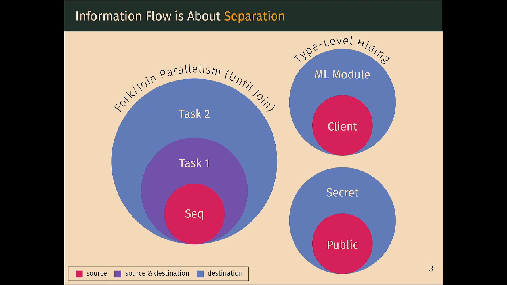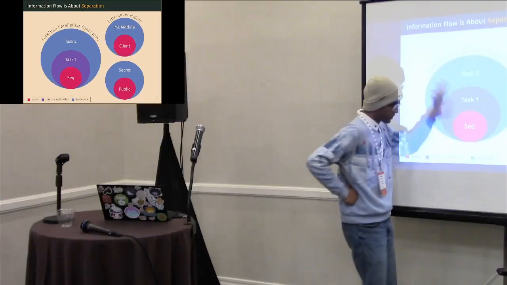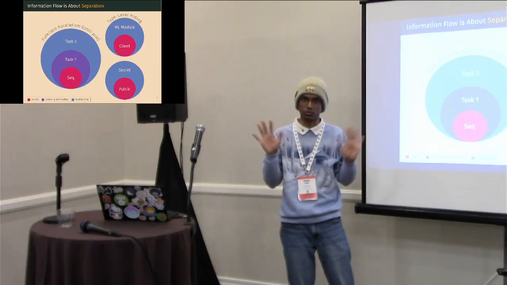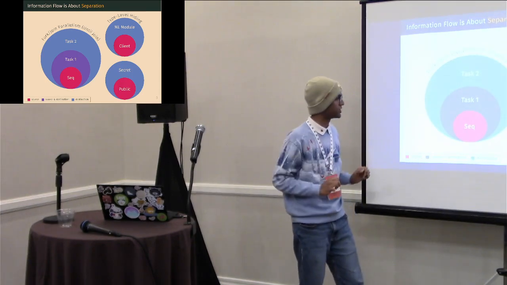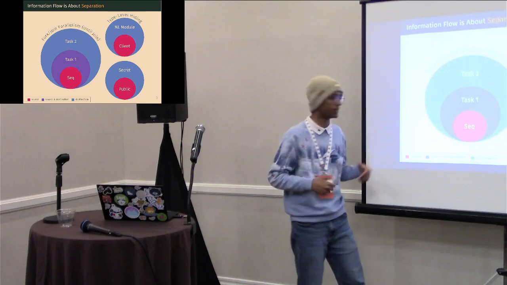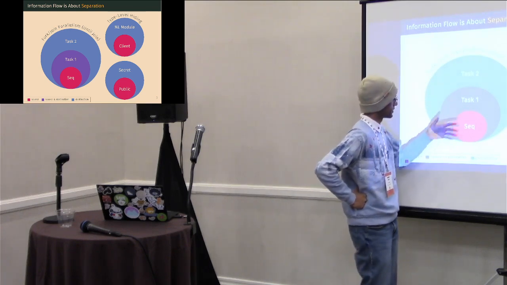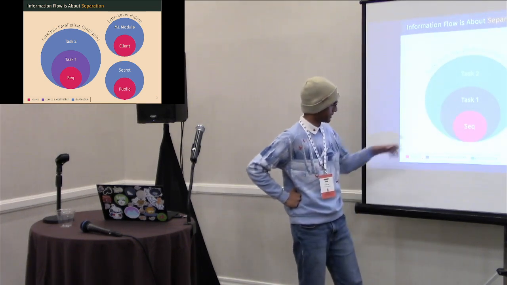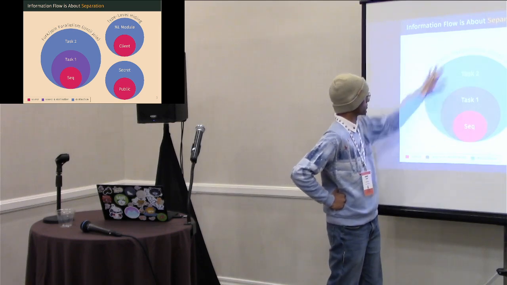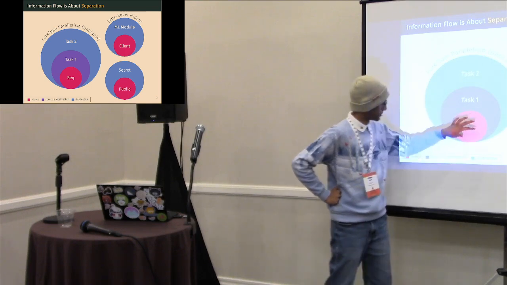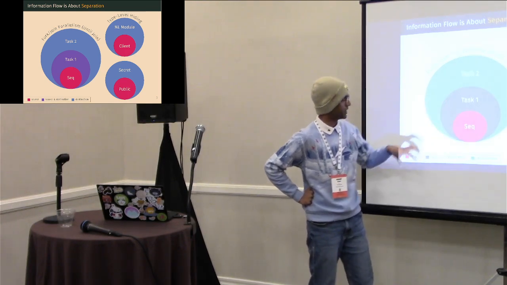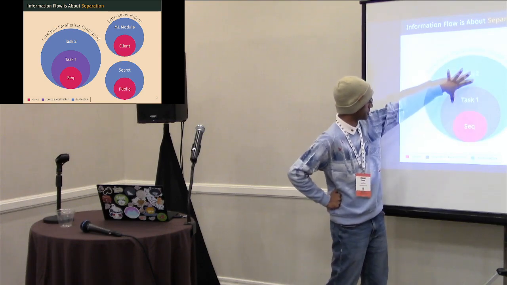And graduating to something even weirder, I don't want to claim that this is what you would actually want to do to manage concurrency in your programs, but just to give you an idea of what information flow specifications look like, if I have some code executing in a sequential context with fork-join parallelism, information from the sequential context can flow to task 1, and information from task 1 can flow to task 2.